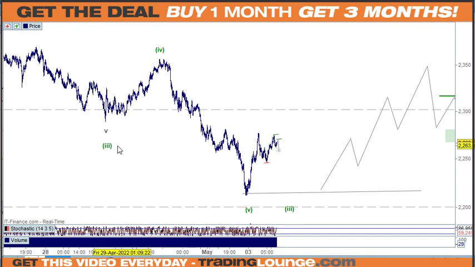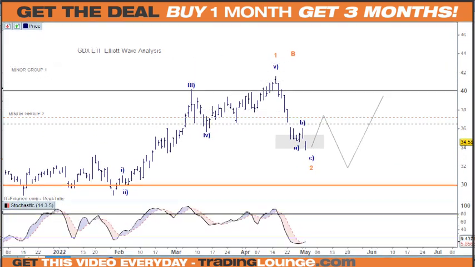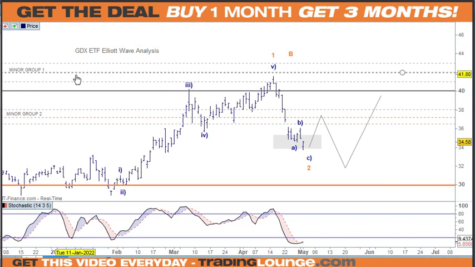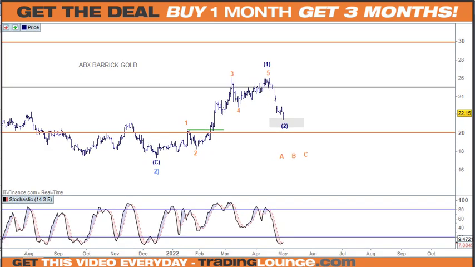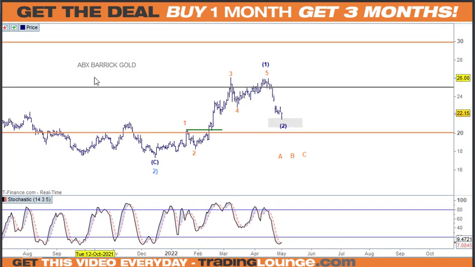So one of the things with the bearish market, so to speak, with gold is that I'm just having a bit of difficulty with GDX here, because with GDX here, I was looking for an A and a B and a C, and I'm not really getting it. I'm just getting sort of 5 waves down, and this is reflecting stock as well, so ABX is a biggie.